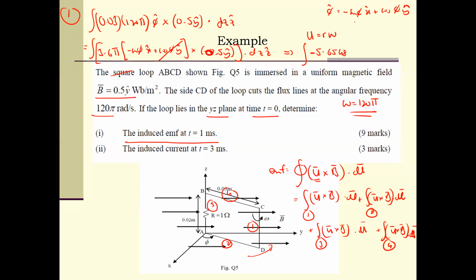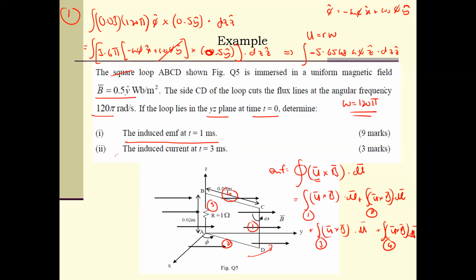Then we have sine of phi, right? So x cross y will give us z, and dot product with dz of z.